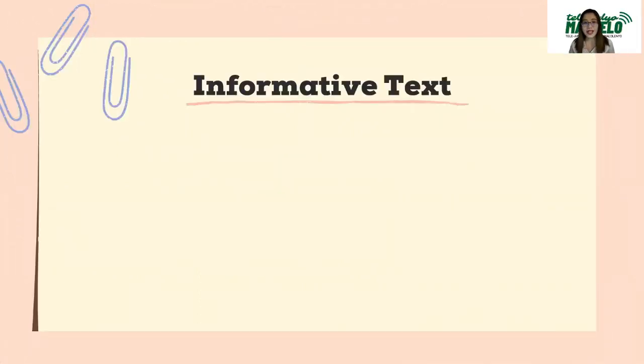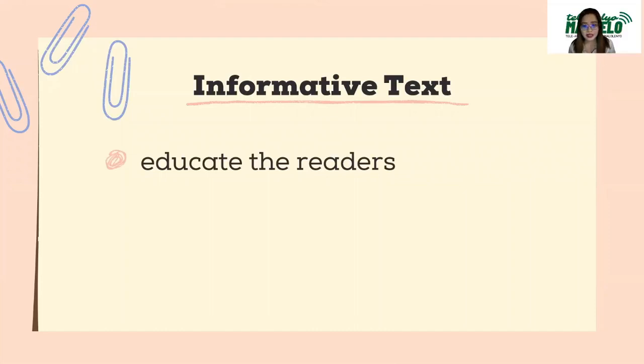So informative text, from the word itself, inform, it educates the readers about a particular topic or subject. So the author does this by elaborating or explaining a certain term or word.